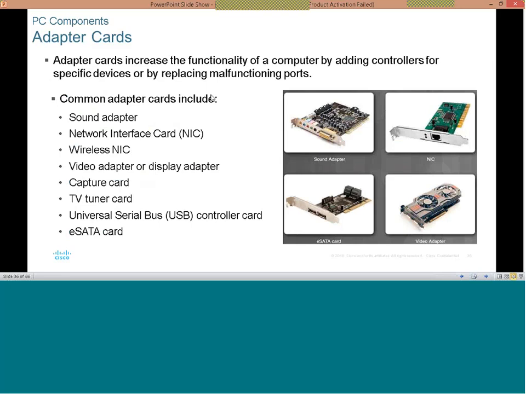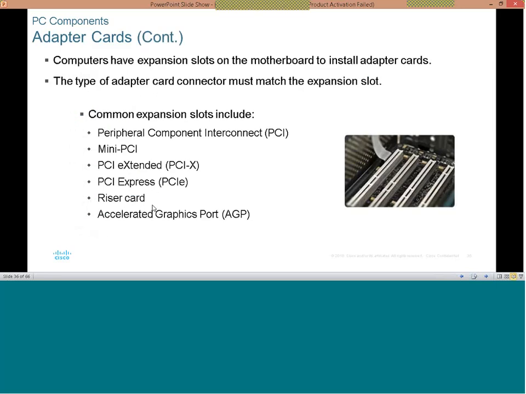For instance, if your desktop USB port is bad, you can get an adapter that has more USB ports. Once you put that adapter inside the expansion slot, it gives you more USB ports to work with. So what we're saying is there is room for compatibility. You can always bring in a new adapter and plug it into the system, and those ports will work.